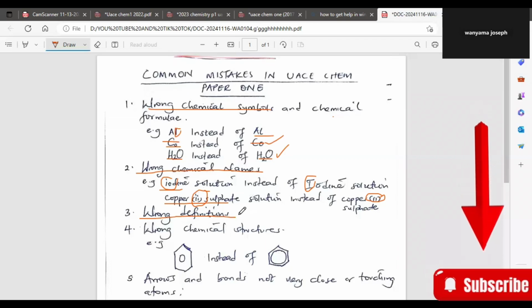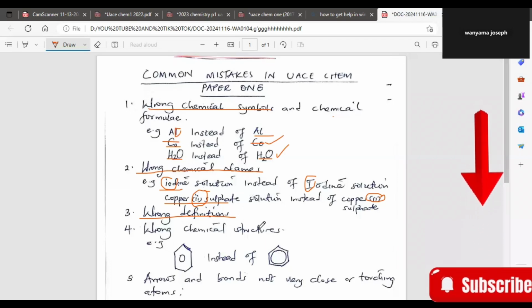So you should improve on the definitions. For example, in 2022, they requested the students to define bond energy and some of them were defining it wrongly.